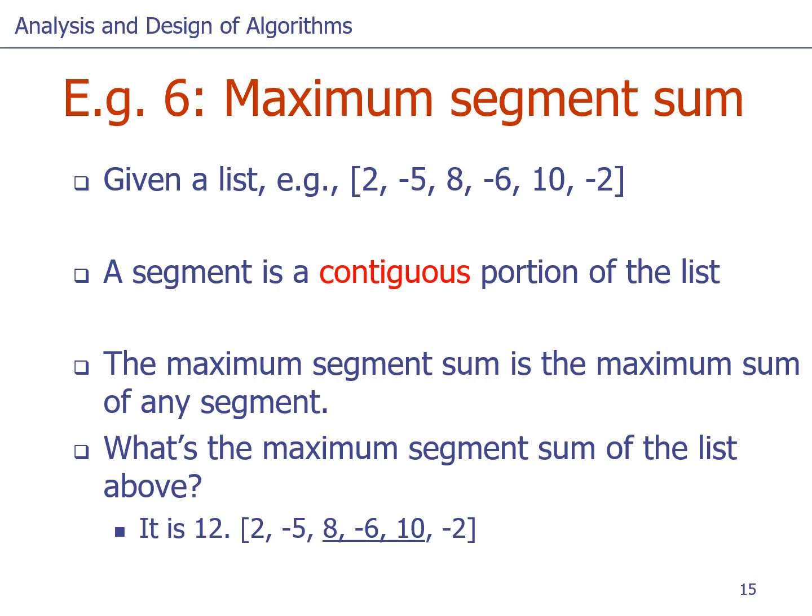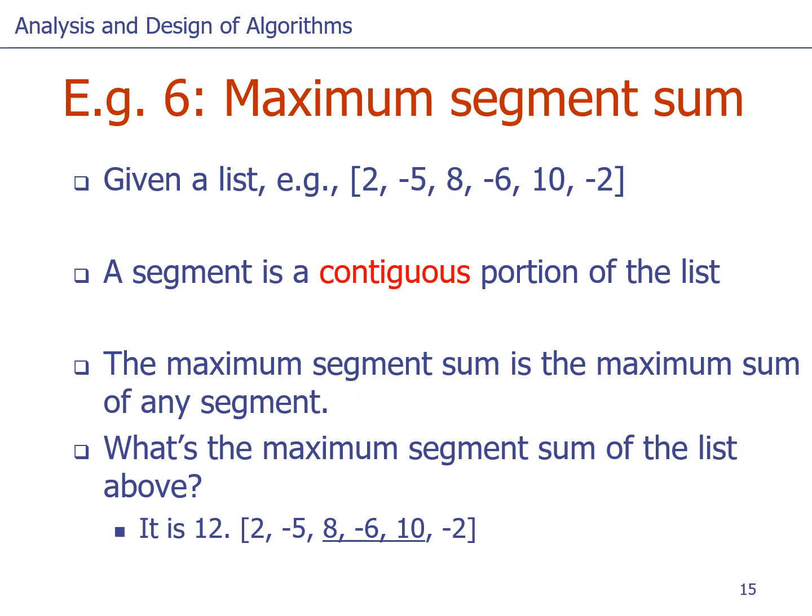So you're going to get an array that looks like this: 2, minus 5, 8, minus 6, 10, and minus 2. There are positive numbers, there are negative numbers, and they're not sorted. What we want to do is find the set of adjacent numbers whose sum is largest in this array. Obviously a brute force approach here will be ridiculous. You will sum all adjacent pairs.